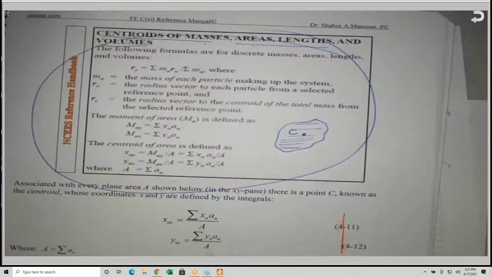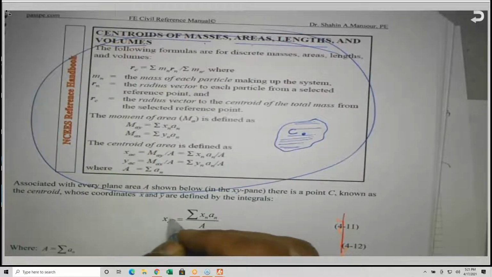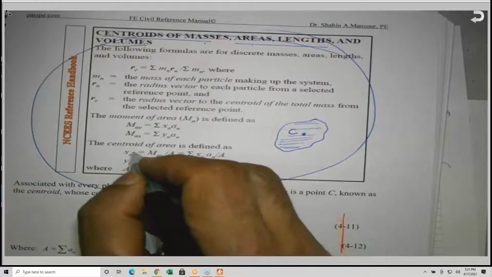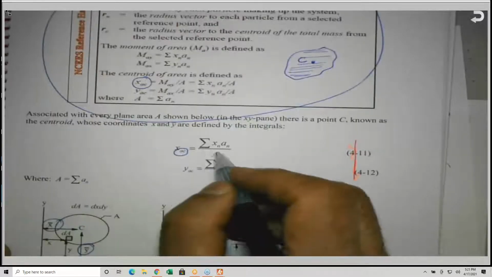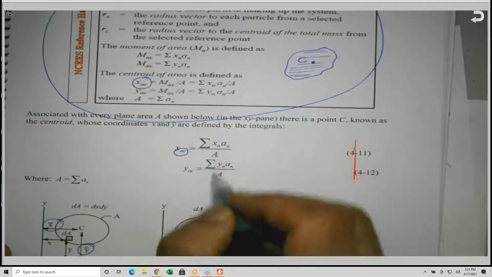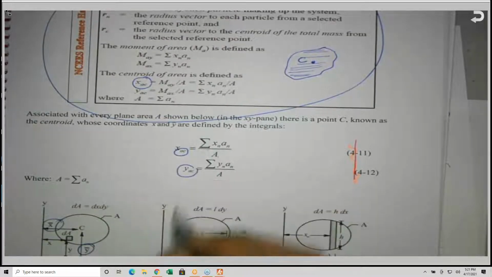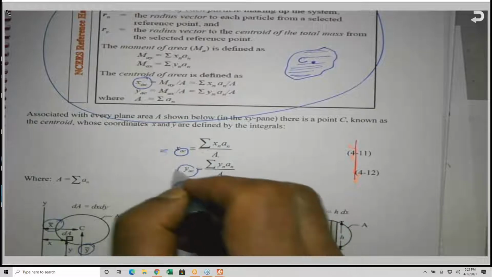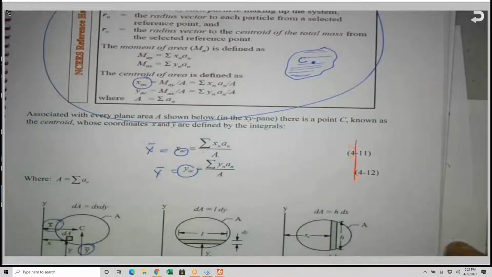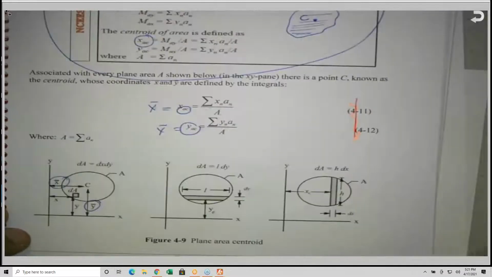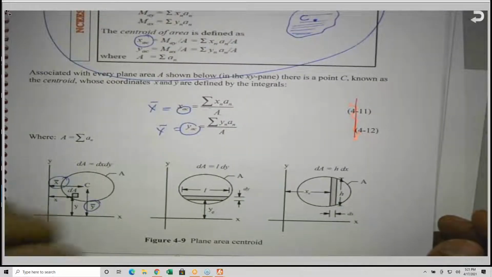Okay, by the way, this equation here, which is the sum of the xn times an over the sum of the a, and the y equivalent, sometimes we use as x prime and y prime, which is the distance from the centroid to the reference axis.